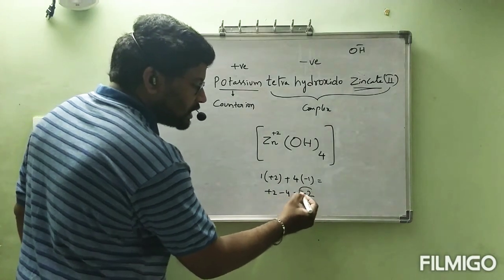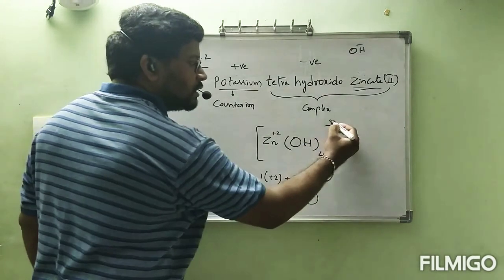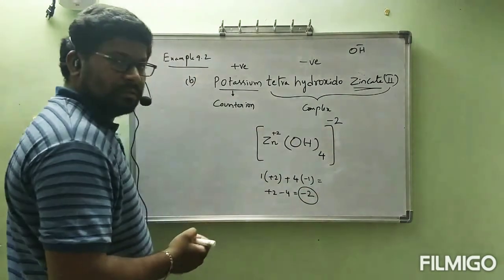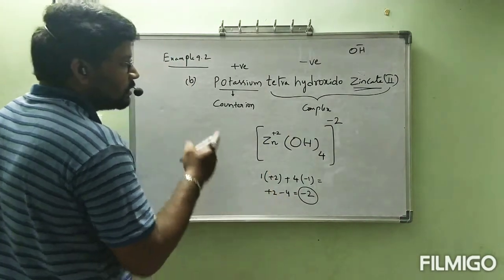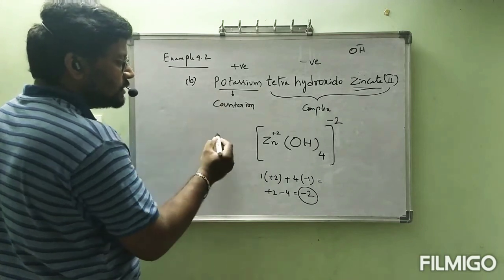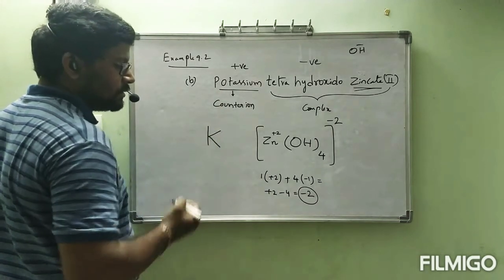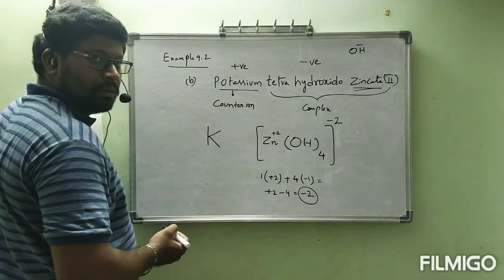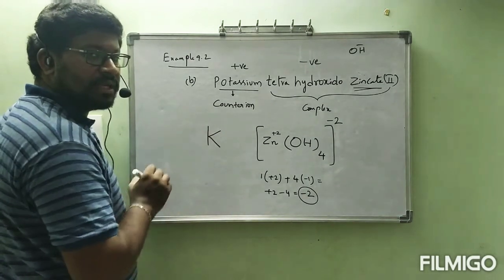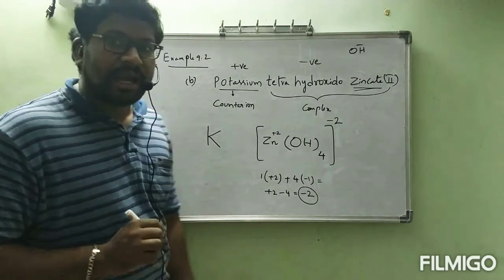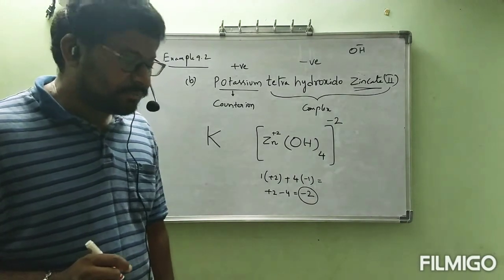This minus 2 is the charge present on the complex. Next, outside, what is the counter ion present? That is K. Is it clear? K. What is the charge present on K? 19. The atomic number of potassium is 19.